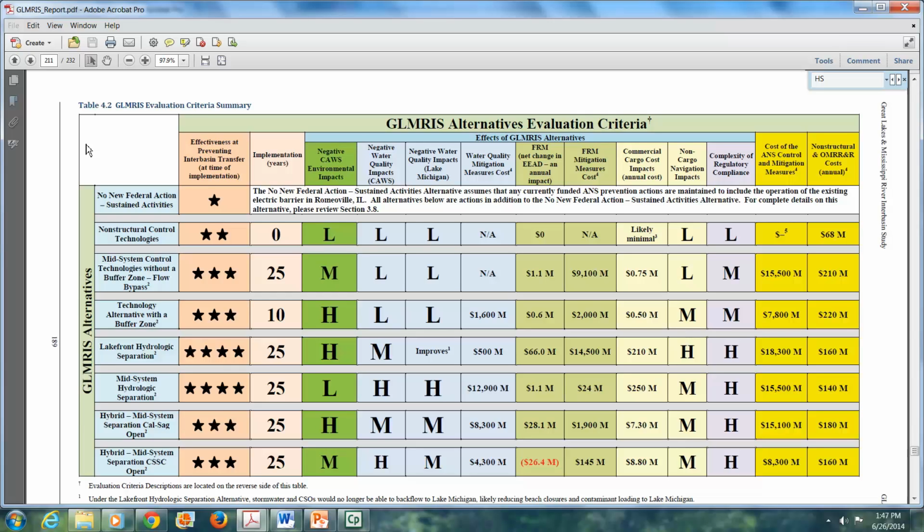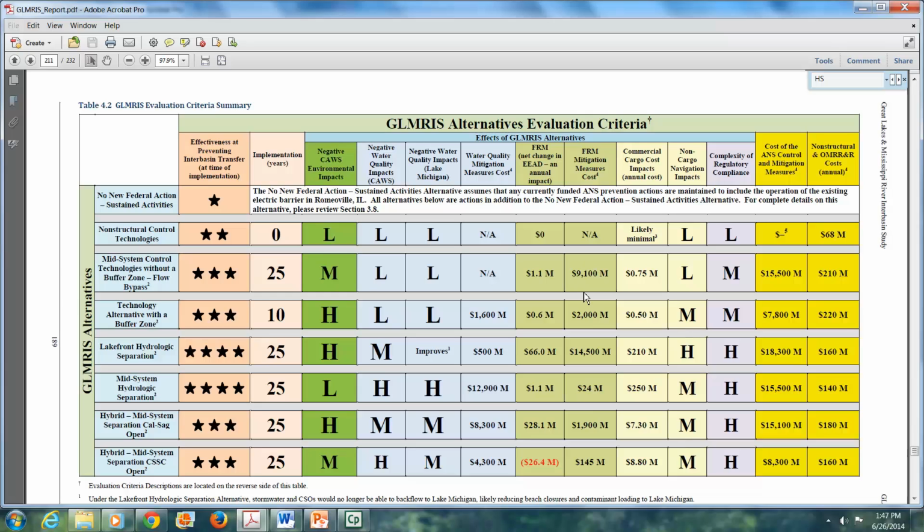You see the other criteria include the number of years it would take to implement, any negative environmental impacts, negative water quality impacts in the Chicago area water system or in Lake Michigan, the cost of water quality mitigation measures, flood risk management impacts, the mitigation of flood risk management costs.